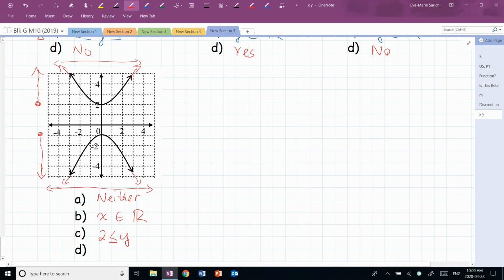It can also be equal to 2 because it's actually on that point there. And Y can also be less than or equal to -1, because that point is -1. So it's Y can be -1 or any number less than that.